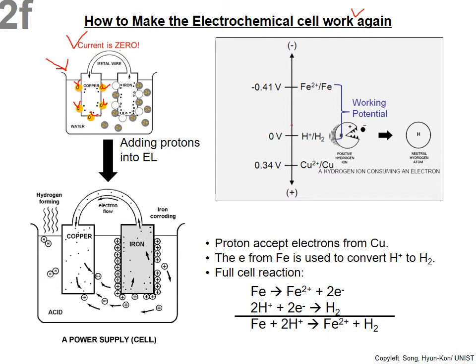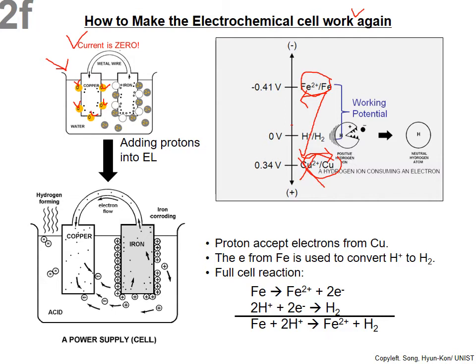Let me get back to the electrochemical ordinate. We have the Fe pair and the copper pair, right? And in these cells, at the very first time, Fe donated its own electrons to copper 2 plus, then Fe goes to Fe2 plus, and copper 2 plus goes to copper. But right now, the problem is that there is no copper 2 plus.